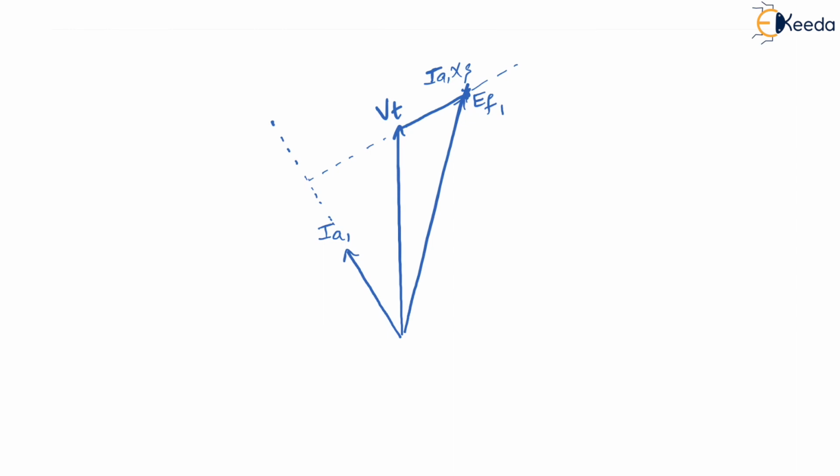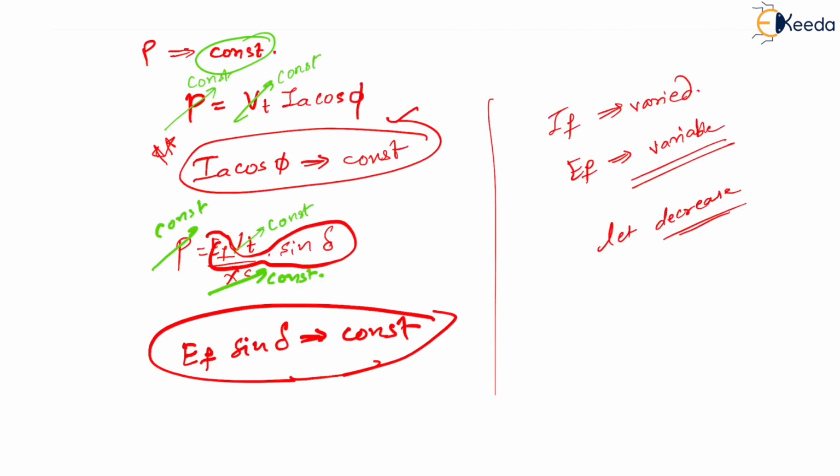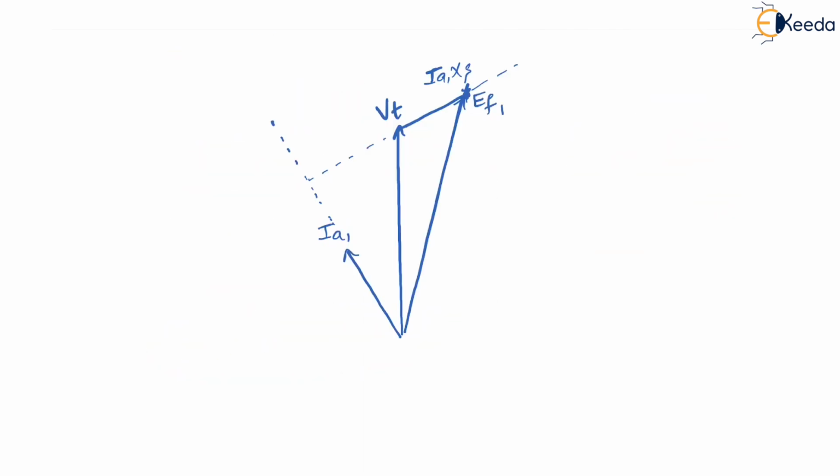Now, what is next? We know that EF sine delta has to be constant or not? Yes. So this is delta, right? The angle between VT and EF. Correct? It is delta. So if EF sine delta has to be constant, then this has to be like this.